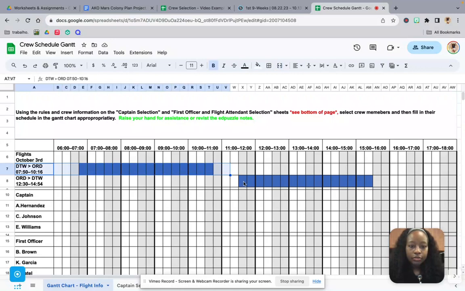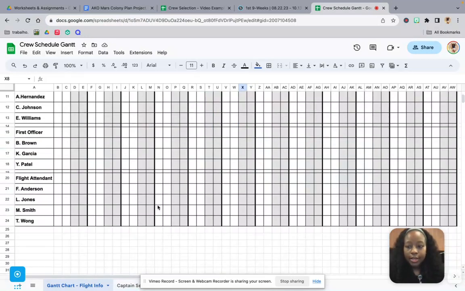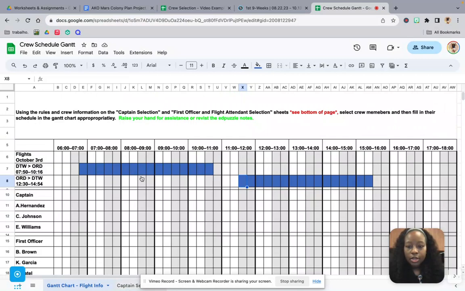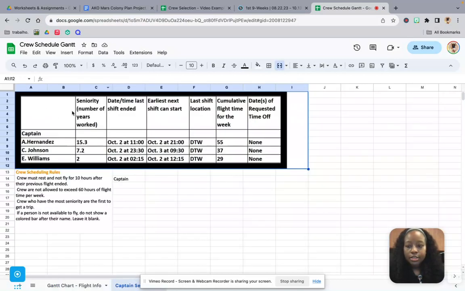And then your second flight is going to be from 11:30. You see it's in the middle, 11:30 to 3:30. So that's your flight info. And we want to schedule your people. Who is available?